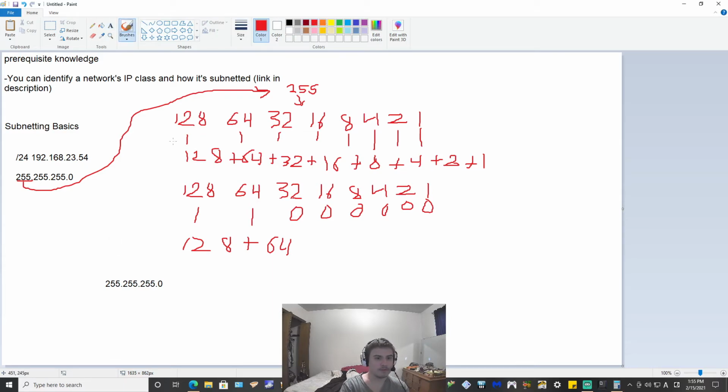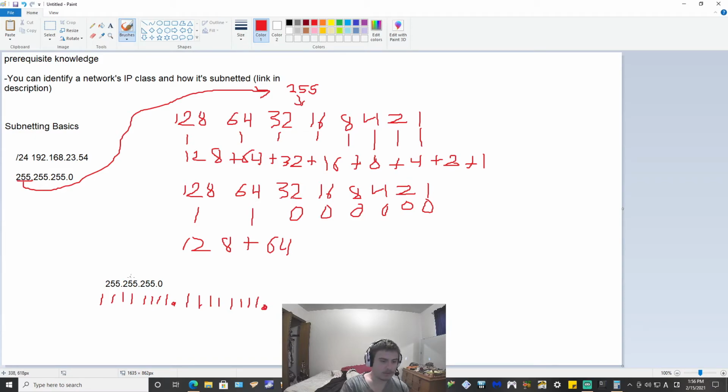We know that 255 means that they're all set to 1, right? All these binary digits are set to 1. So that means we have 1, 2, 3, 4, 5, 6, 7, 8, period, right? Now we're moving on to the next octet, the second octet. So that's 1, 2, 3, 4, 5, 6, 7, 8.